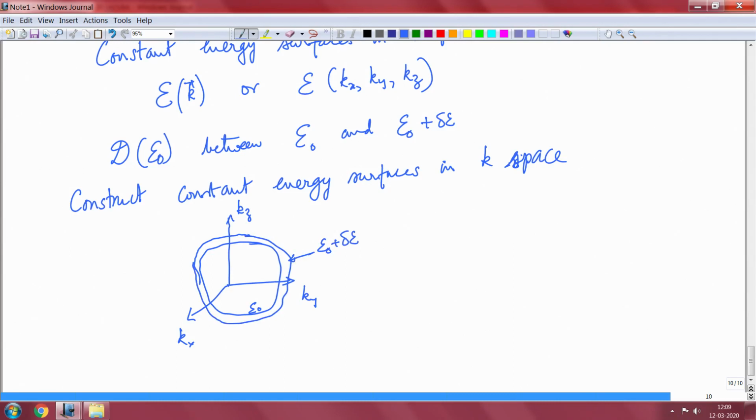So, now how do I find out how many energy levels lie in this region?